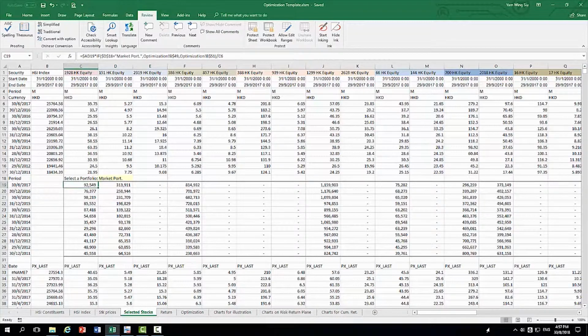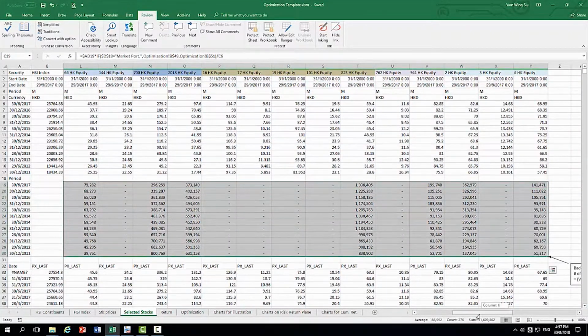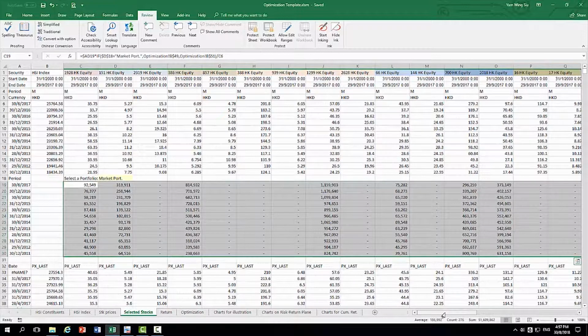Cells enclosed in this region are the number of shares you need to input in the Bloomberg terminal for backtesting for every 6 months.